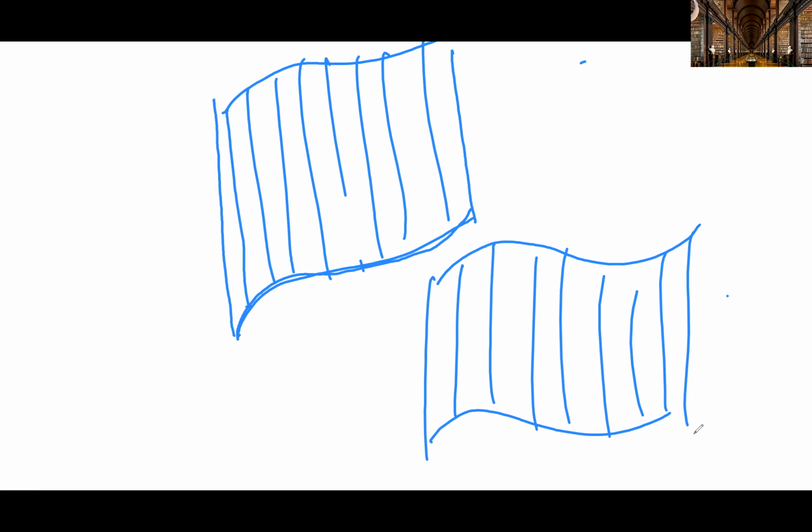That's a Calc 3 topic, but it relies heavily on our understanding and our ability to use comfortably this notion of arc length. So it will come back. It's very important.